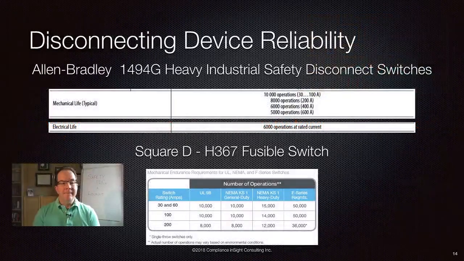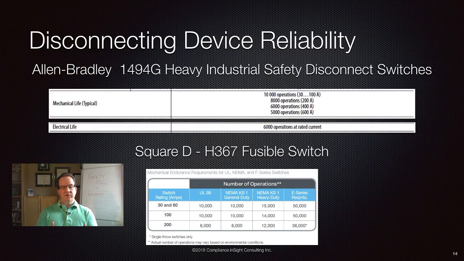Okay, so I want to have a look then at the basic information surrounding disconnecting devices, and I'm actually going to do a reliability calculation with you here, and we'll have a look at how that lines up with our PLCs and so on. So one of the things about disconnecting devices, particularly safety disconnect switches like the ones that I'm calling out here, and by the way, I'm not attacking anybody here.